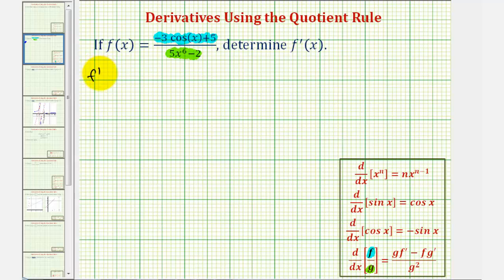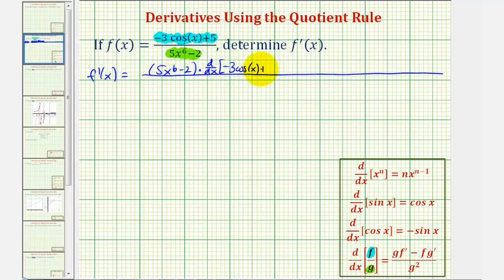So f prime of x will be equal to the denominator, which is 5x to the 6th minus 2, times the derivative of the numerator, or the derivative of negative 3 cosine x plus 5, minus the numerator, negative 3 cosine x plus 5, times the derivative of the denominator, or the derivative of 5x to the 6th minus 2.